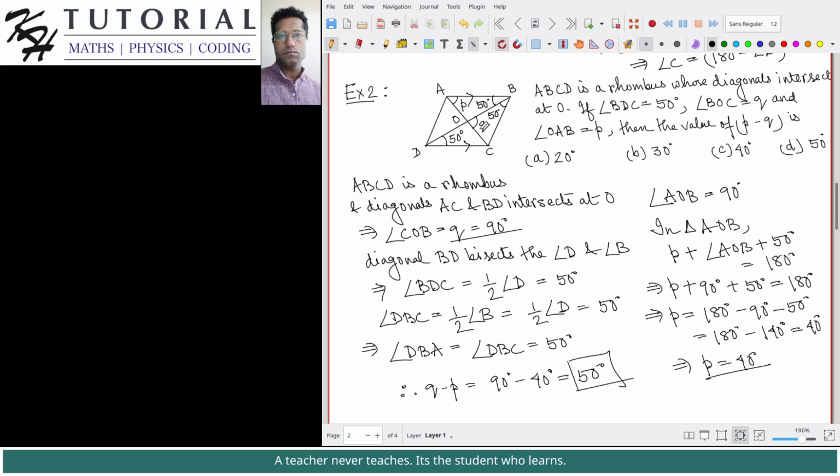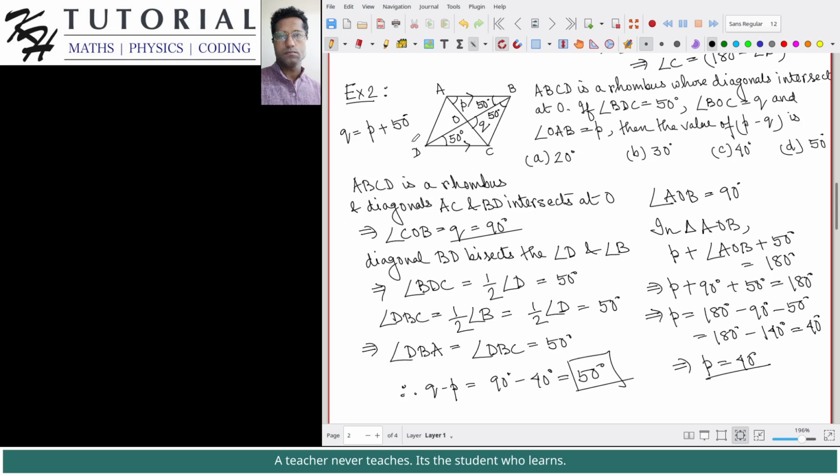And also see that the angle Q is an exterior angle to the two opposite interior angles of 50 degrees and P. In triangle AOB, Q is an exterior angle and the two opposite interior angles are P and 50 degrees.